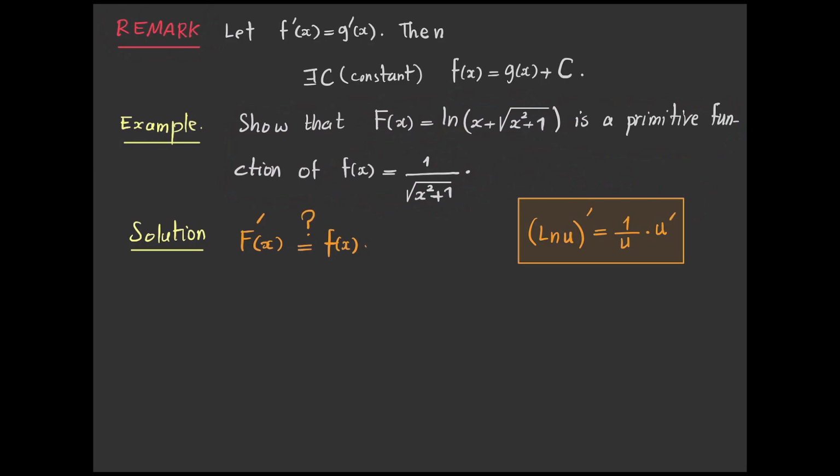I want to give the role of u to this expression, and then use that formula to differentiate ln of u. Okay, so let us start. So f prime of x is equal to, it becomes 1 over u, which is x plus square root of x squared plus 1, but you have to multiply it by the derivative of u, yes?